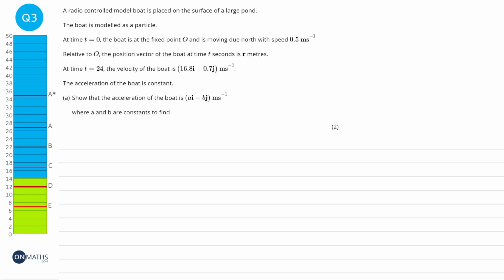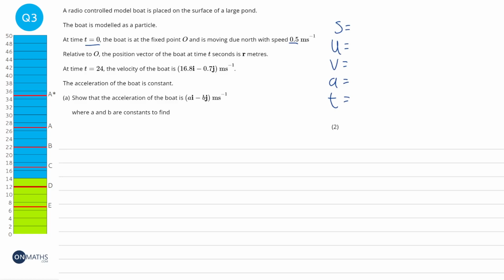With these kinematic questions, I always find it useful to write down the suvat and see what I know and what I'm trying to find. We're not interested in distance at all, so I'm going to leave that blank. It says when time is 0, there is a speed of 0.5 meters per second.